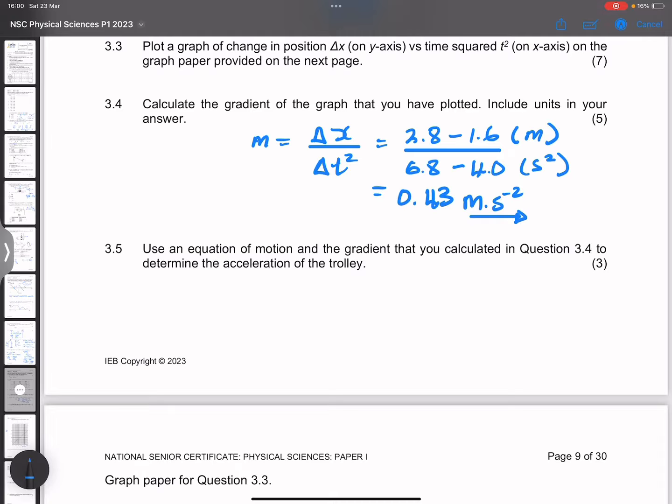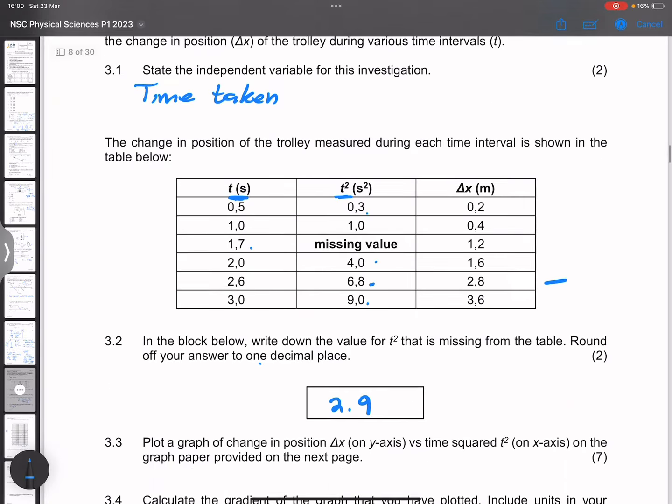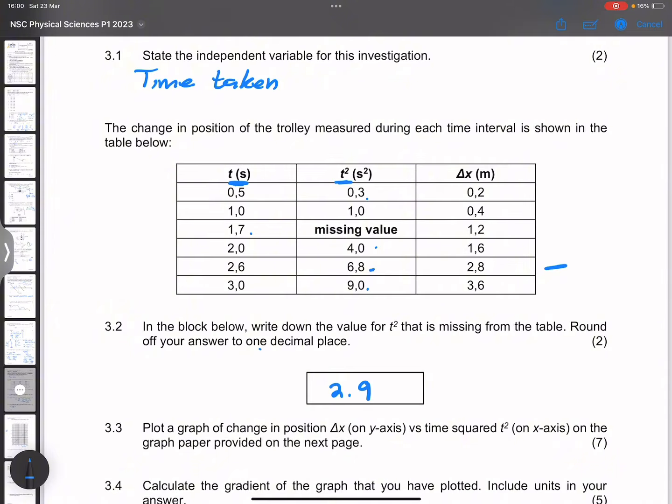So we can say, look, I can take the velocity, that's going to be change in position divided by change in time. So at any given interval, let's just pick the very same one that we used, right? So this is going to be 6.8. Remember I'm taking against time, right?